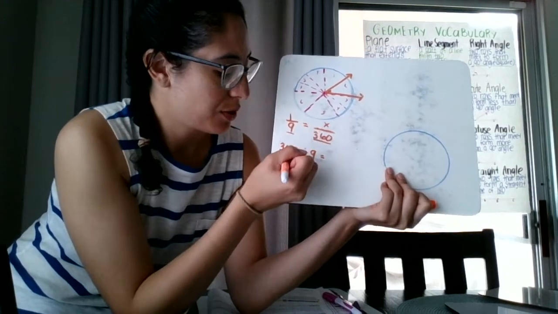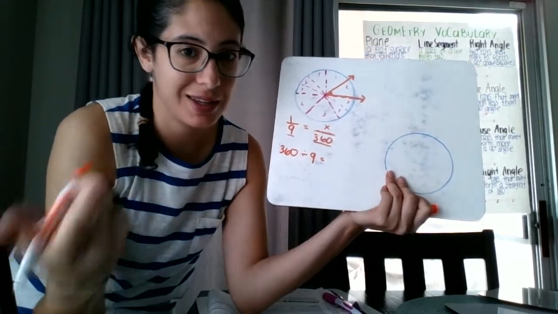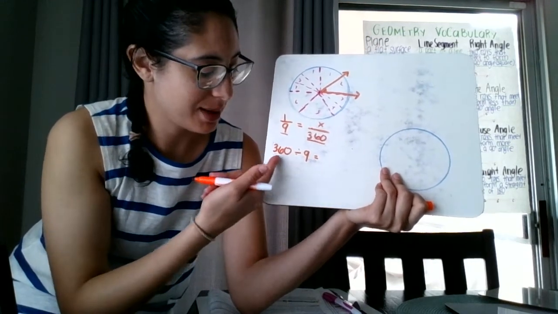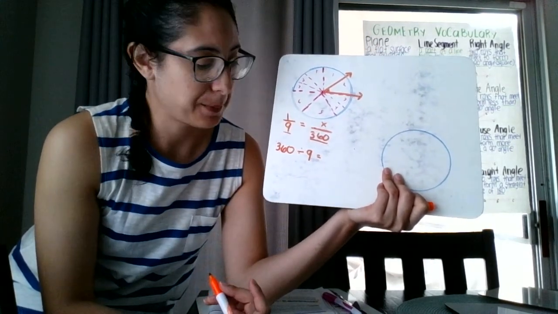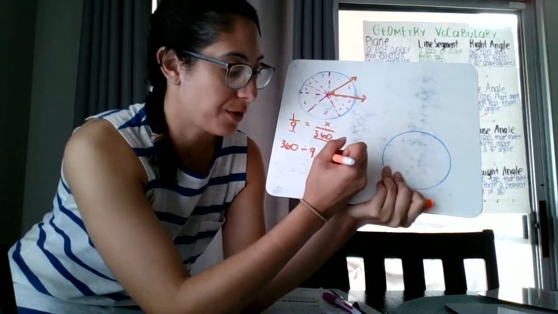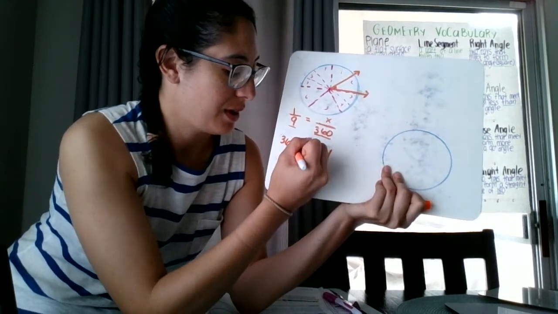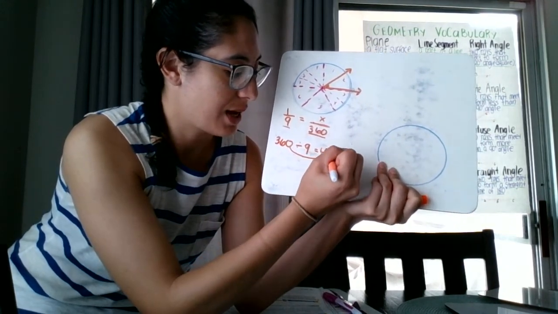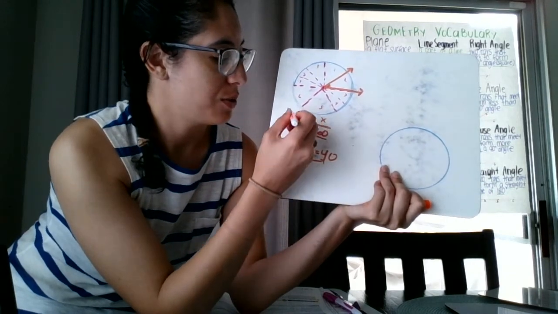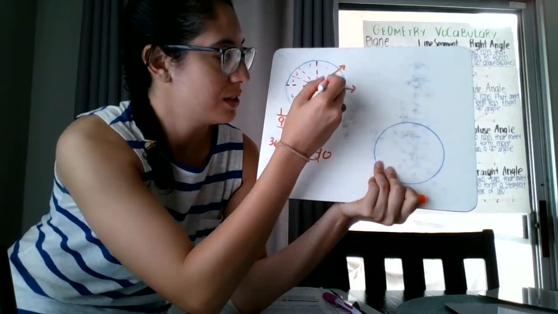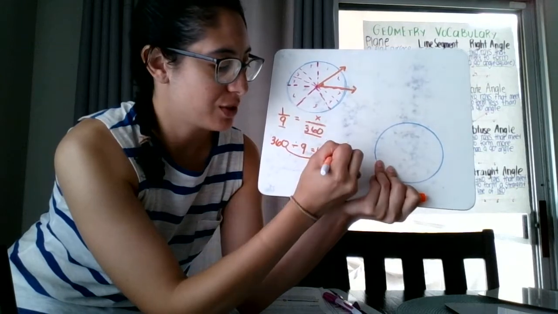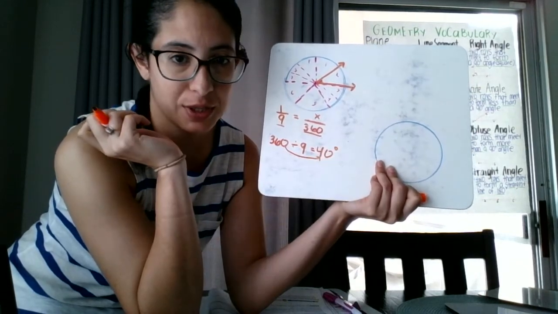So 36 divided by 9 is, or 9 times what will give us 36? 4, right? And then we bring over this guy. So each of these angles measures 40 degrees.